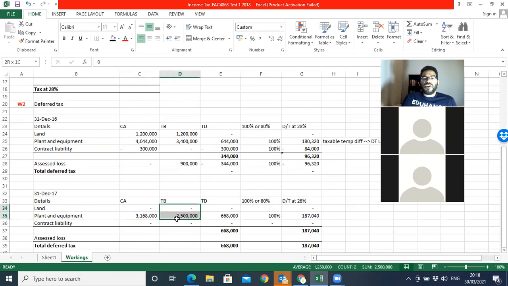From SARS's point of view, they start off with 10 million, and in future they're going to allow a deduction of 2.5 million Rand. So 10 million minus 2.5 million gives them a taxable income of 7.5 million Rand. Are you happy with that? So in future, we're going to pay them more tax than what we expect.